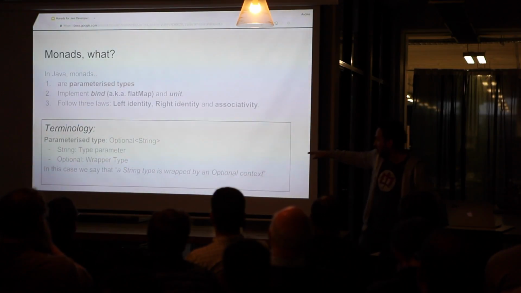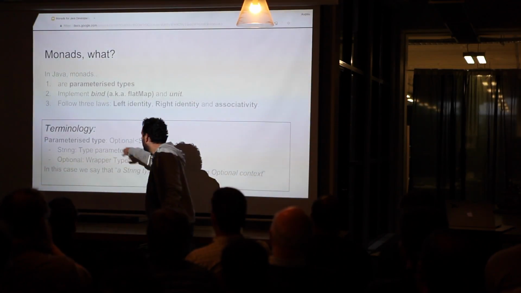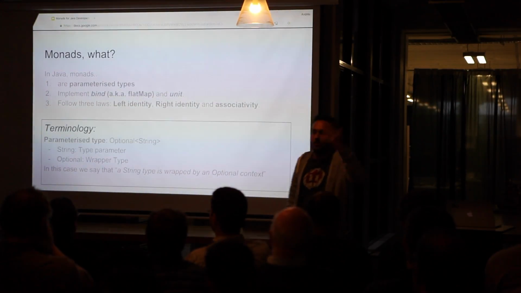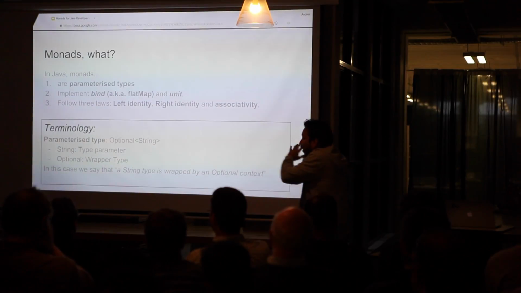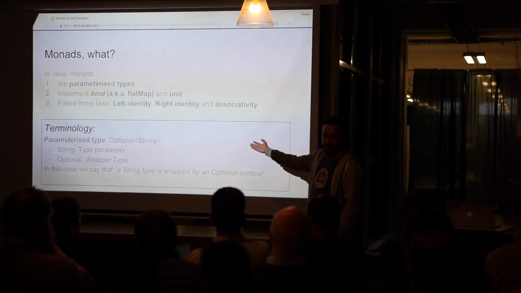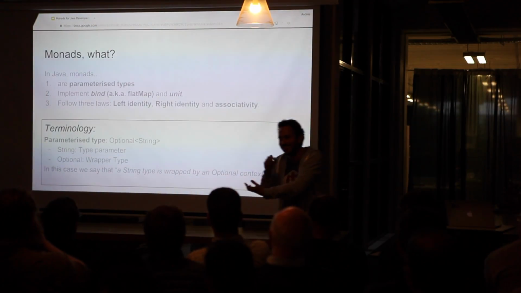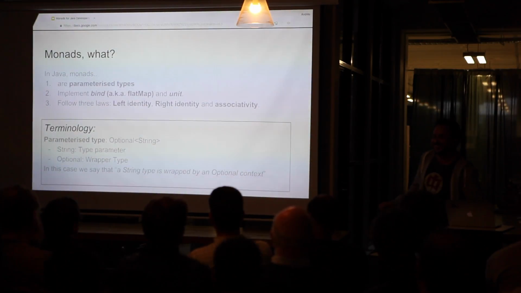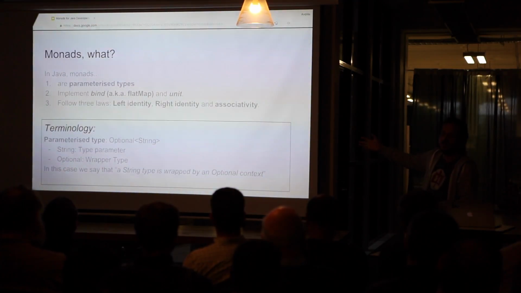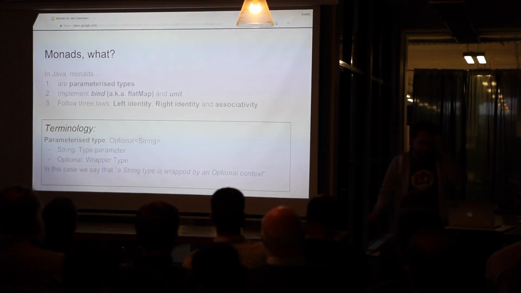The whole optional, the whole parameterized type. The string itself is a string, right? The string by default can be null or not null, it's just a Java property. But the whole composition of thing, the whole monad, all right, I give it away. Optional is a monad. So the whole optional, it can be there or it cannot be there. All right?